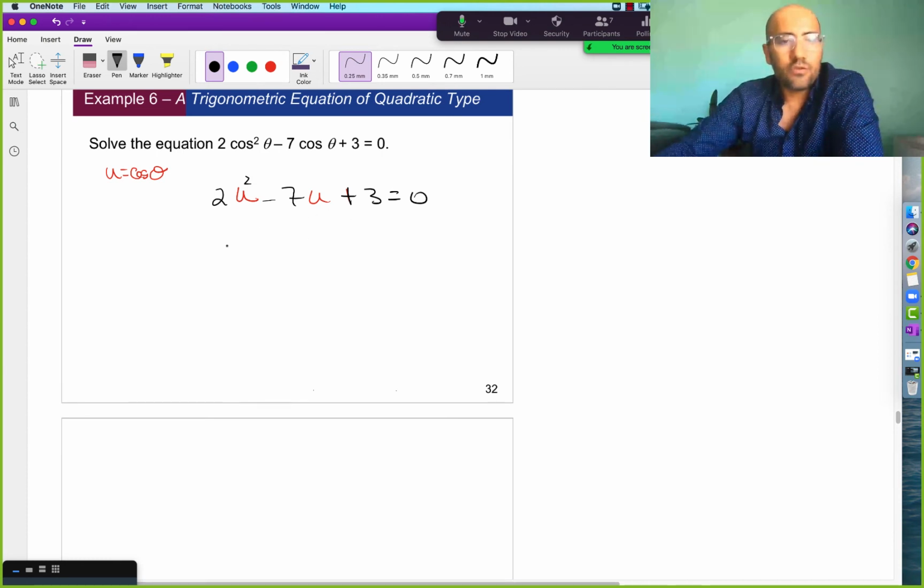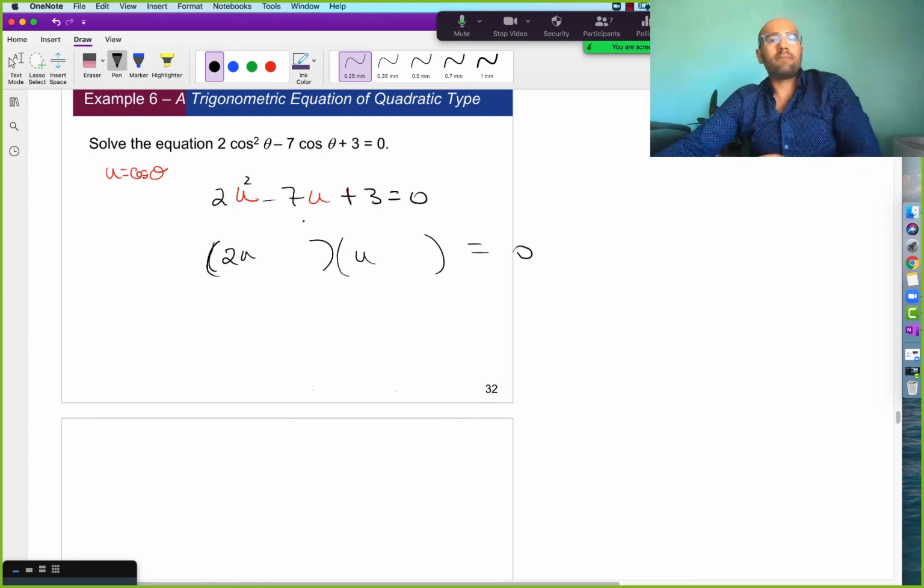It's got a 2 out in front, so really the best way to try and do this is by the guess and check method. So we have (2u blank)(u blank) equals 0. The reason I'm doing this is because 2u times u gives you 2u squared. So I need something that multiplies to 3, but adds to negative 7 when you FOIL it.